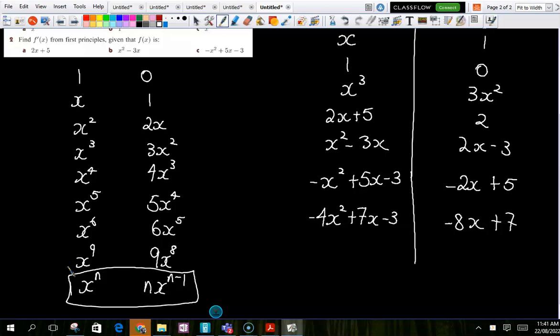Okay? So at the moment, we have this one. If we go back to here, when we've got 1, what if we had 5? What would be the derivative there? It would also be 0. Can you explain to me again why the derivative of a constant is equal to 0? Because there's no x. Think graphically.